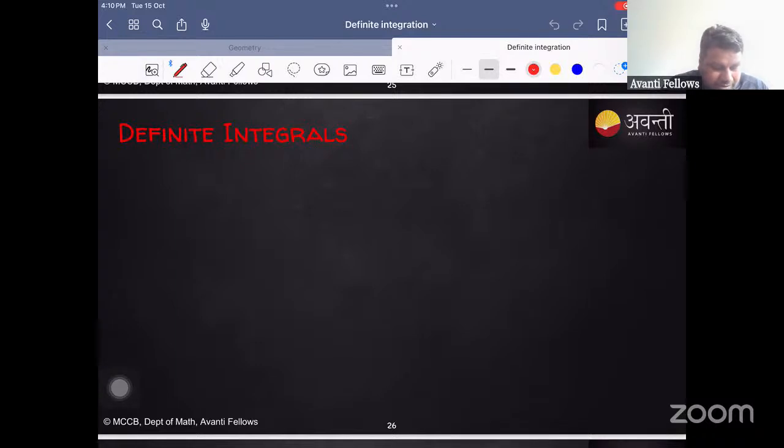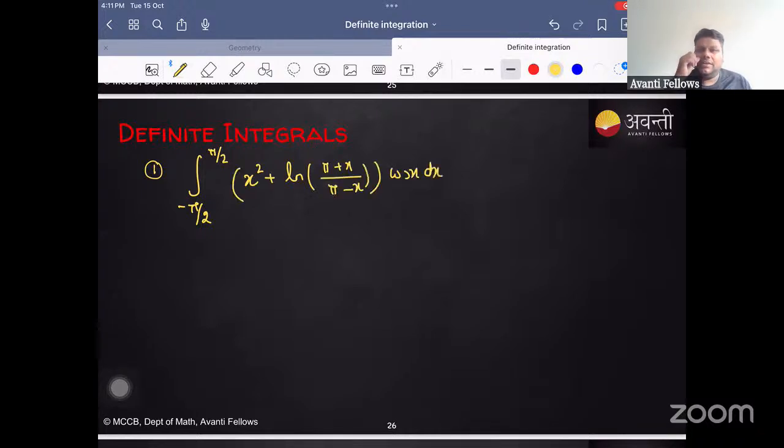Starting with a first very simple question. The question is: integration from minus pi by 2 to pi by 2 of (x square plus ln of (pi plus x) upon (pi minus x)) into cos x dx.